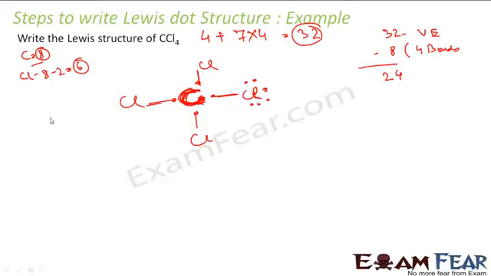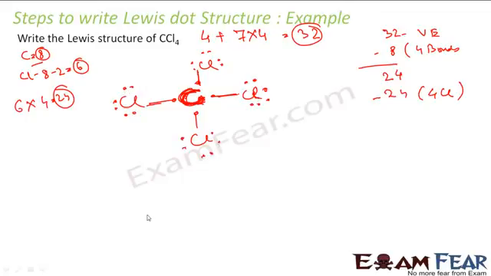If we add 6 electrons to one chlorine and there are 4 chlorine atoms, how many electrons do we need? 24. So we'll add 6 here, 6 here, 6 here, and 6 here.